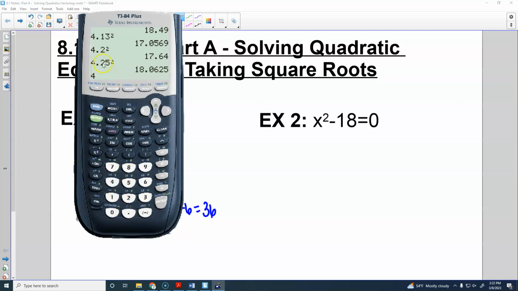Needs to be less than 2.5. Alright, you guys can see how we're going to have a hard time guessing this, right?